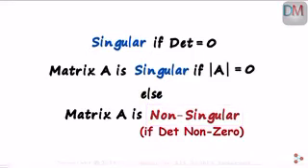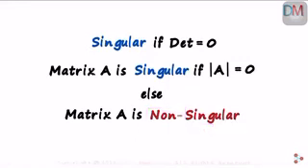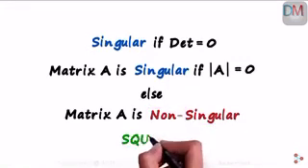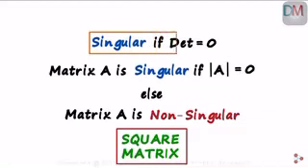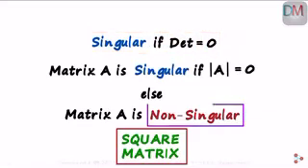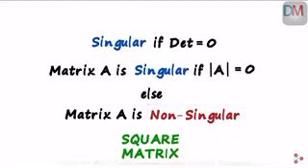Just remember this: non-zero, non-singular. And needless to say, we are only talking about square matrices here, because only square matrices can have determinants. So we can say that a square matrix is singular if its determinant is 0 and non-singular if its determinant is non-zero. We should try out a couple of examples now.